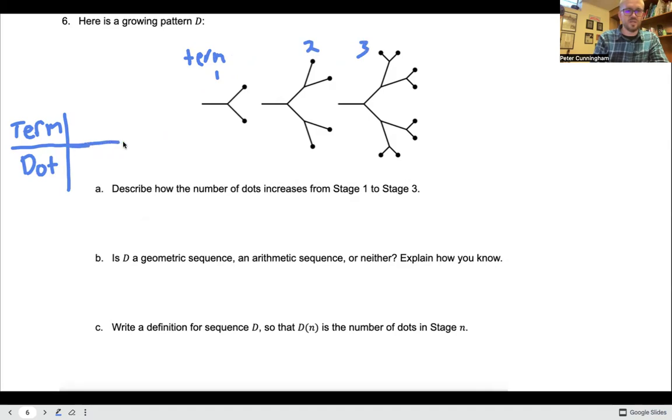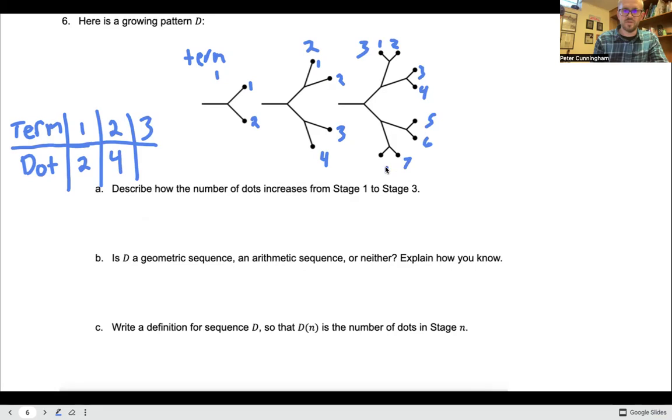How many dots do I have in each of these? The first one, I have 2 dots, right? 1, 2. Second one, I have 4 dots. 1, 2, 3, 4. Third term, 1, 2, 3, 4, 5, 6, 7, 8.